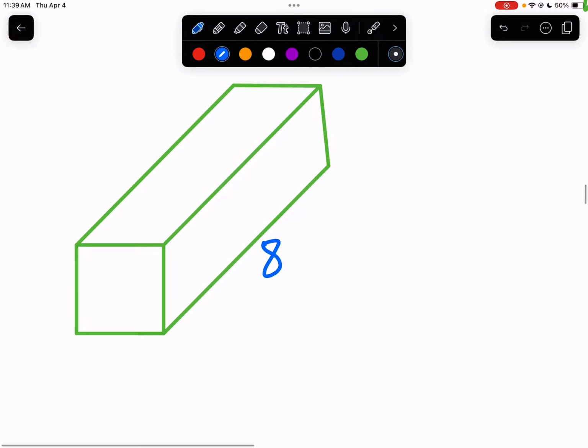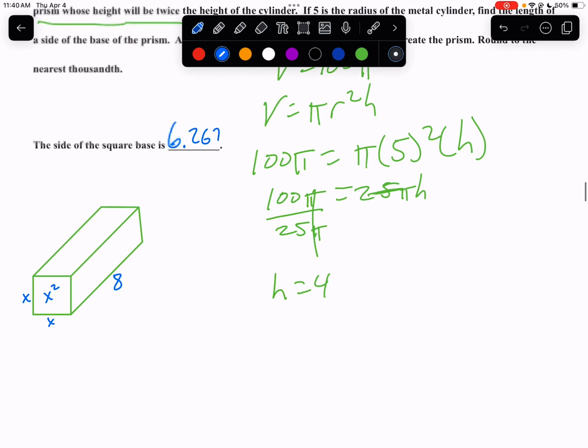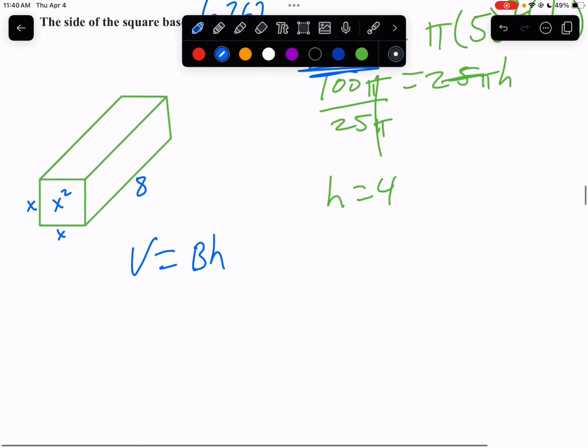But I don't know the base. I don't know anything about the base other than it's a square. So if it's a square base, I can call each side x, and the area would be x squared. We know the volume is unchanged. So if we're working on the prism, volume equals area of the base times the height. So that would be 100 pi has to equal x squared times 8. So divide off the 8.